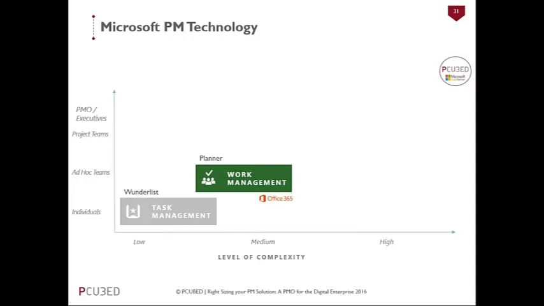The thing that's neat about Planner is it's integrated for each project that you create. You actually get a SharePoint site that's associated with it, and in my mind, Microsoft probably purchased Planner to compete with Trello and some of those other similar applications.